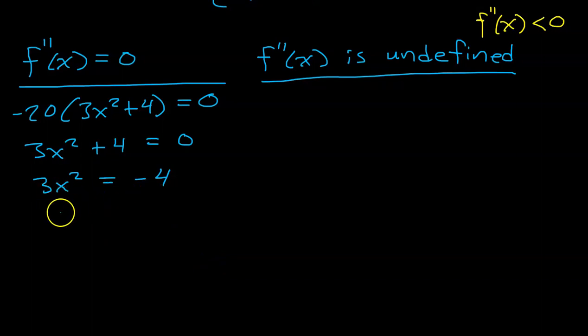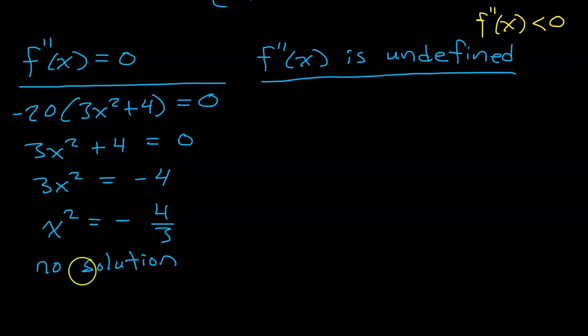If I divide both sides by 3, I get x squared is equal to negative 4 over 3. I feel like I can stop right here. You can't square something and get a negative number. This has no solution. So far we have no potential points of inflection.